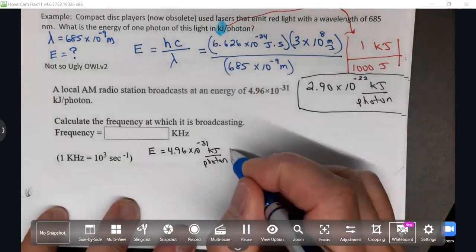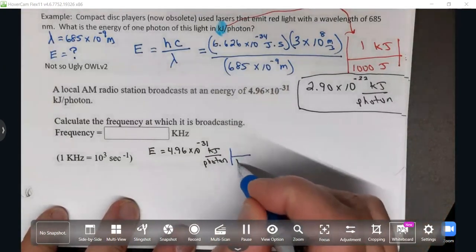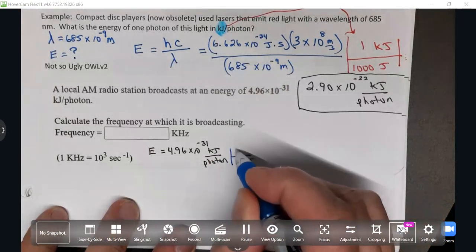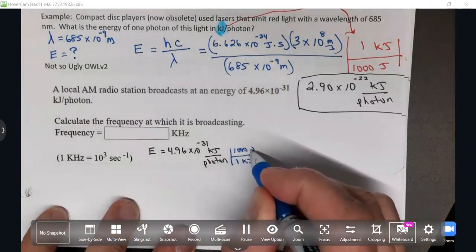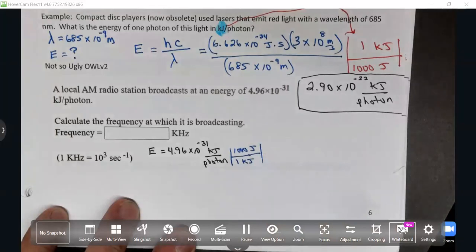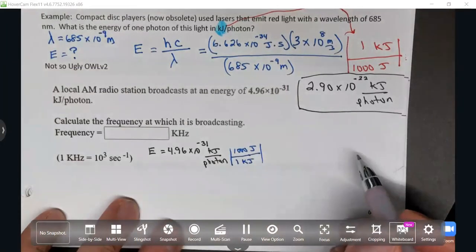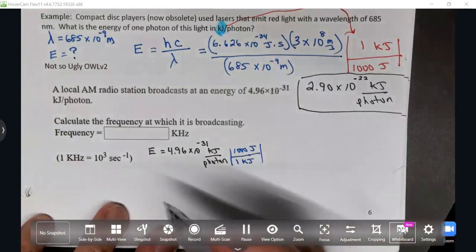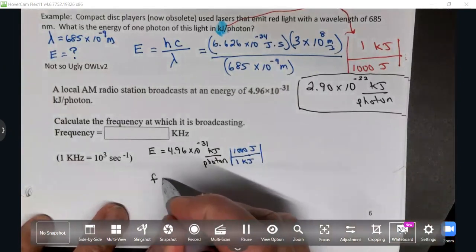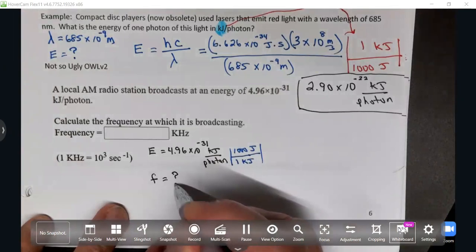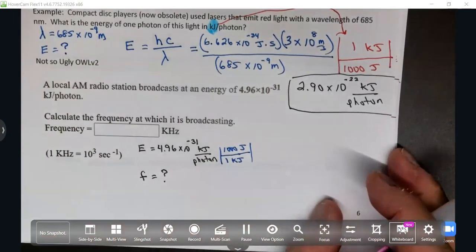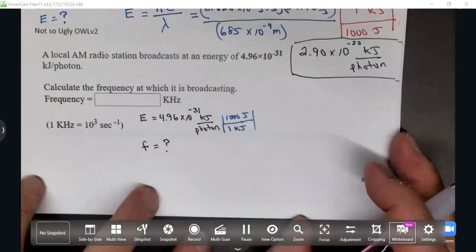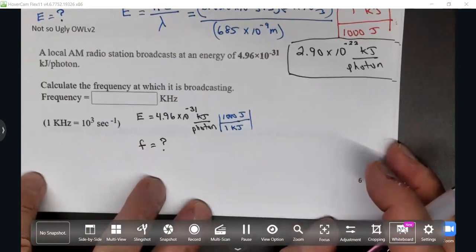So if we do this, we would go 1 kilojoule down below, 1,000 joules. Well, let's see, we just need a frequency. And yeah, we just calculate this out.